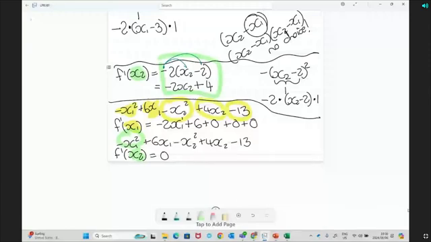Next term plus, so next term not x2, so see it as a constant. Next term, there's an x2, so I have to derive that. We derive by saying take the power, multiply in front, it becomes minus 2, and then subtract 1 from the power, so it becomes a 1. Next one does have x2, so yes, we have to go with it. How do I derive that? Take the power, multiply in front, it becomes plus 4, and then subtract 1 from the power, so it's just x2 to the power of 0, which is just 1.